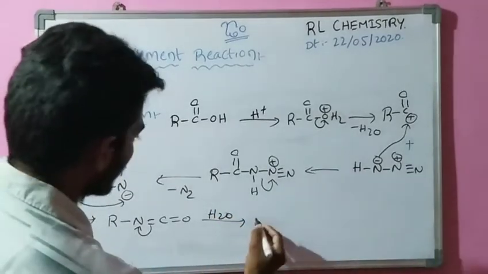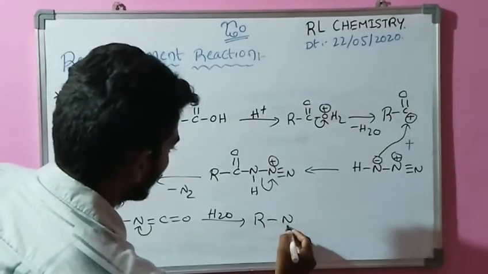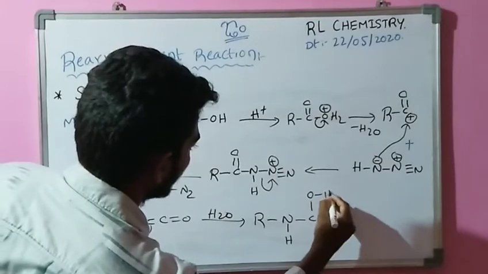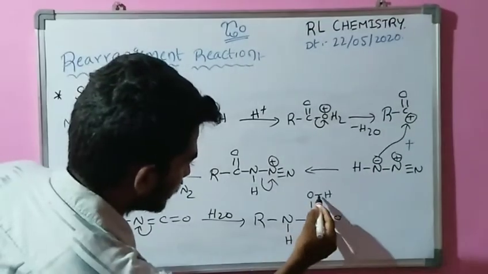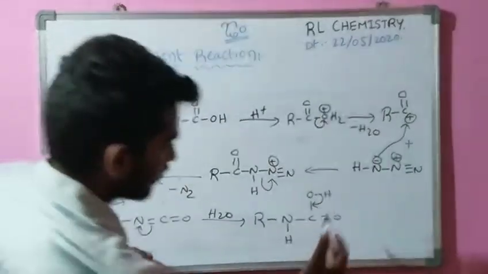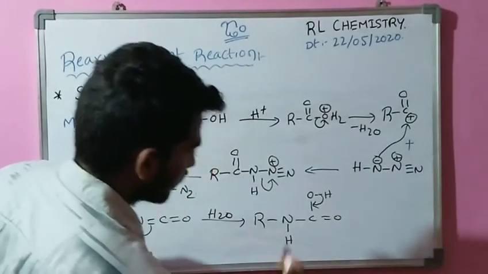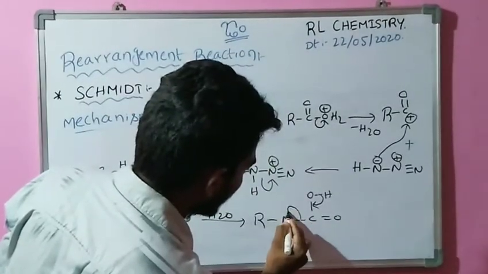This intermediate undergoes hydrolysis. Then it forms R bond N bond H bond C bond O bond H double bond O. Here bond migration takes place, then this H can be attacked by this nitrogen.